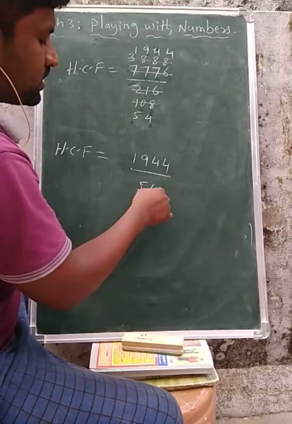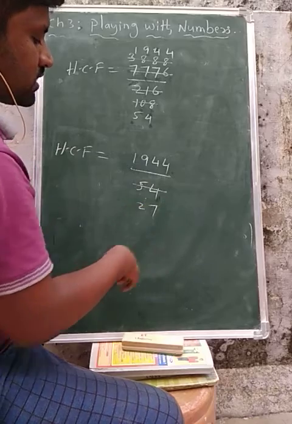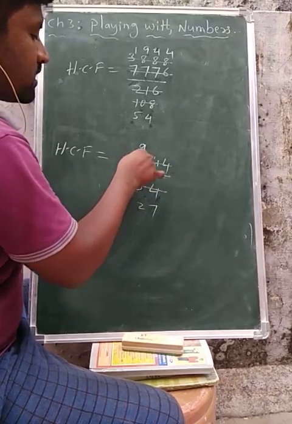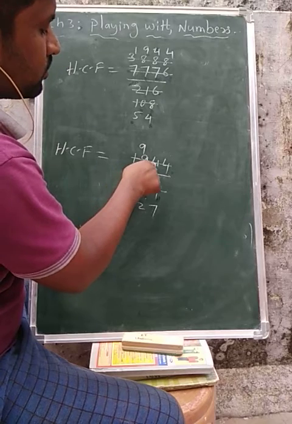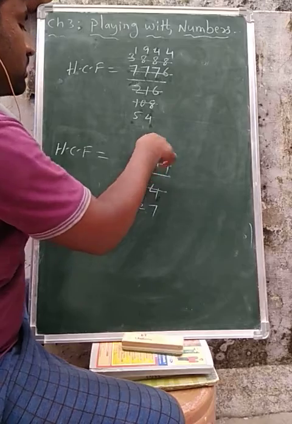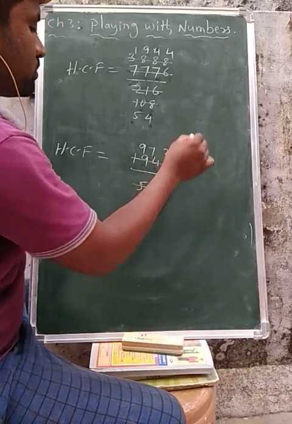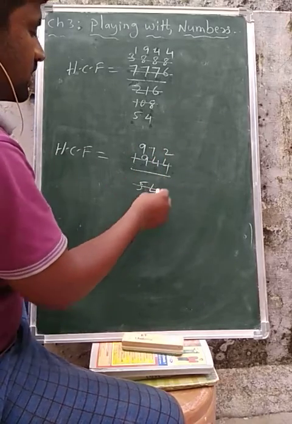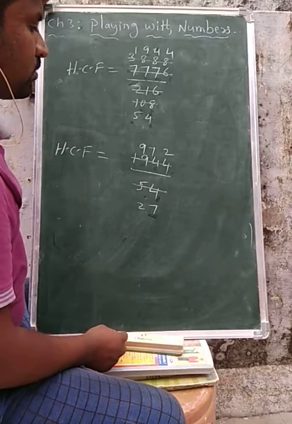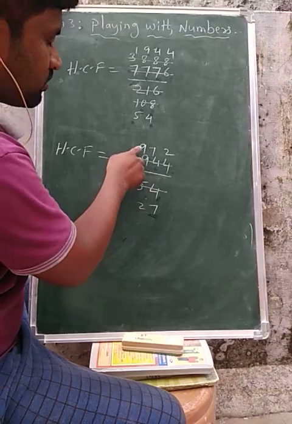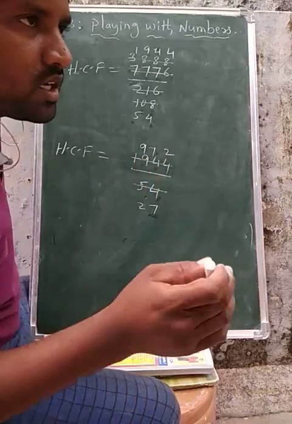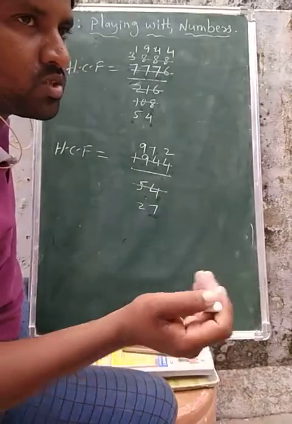Again I am using the 2 table only. The unit table is 4. 2 27s are 54, 2 9s are 18. Here 1 is there. The next number is 4, means 14. 2 7s are 14. And this time I am using the 9 table, because the sum of the digits of 972, that is 18, means it is exactly divisible by 9.